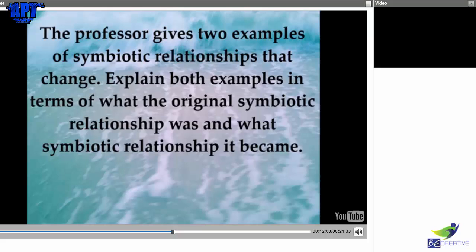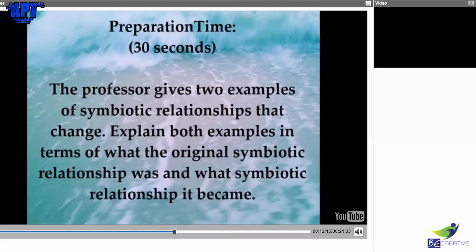Explain both examples in terms of what the original symbiotic relationship was and what symbiotic relationship it became. Please begin speaking after the beep.